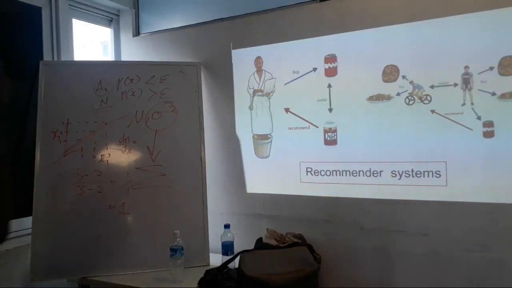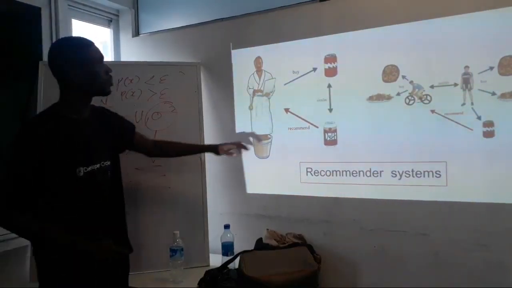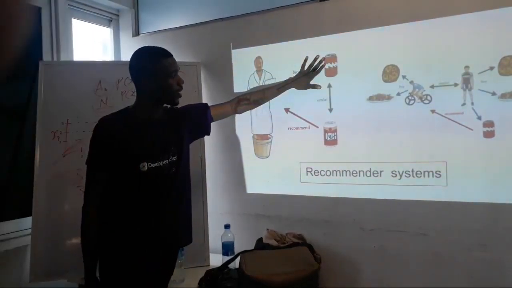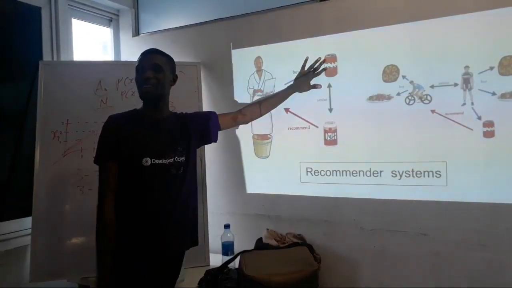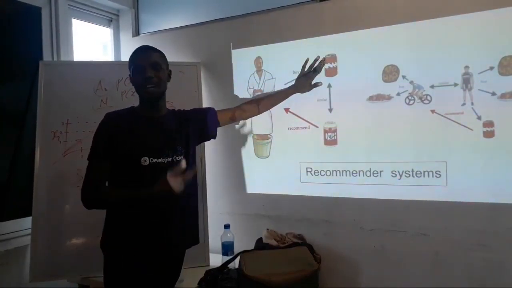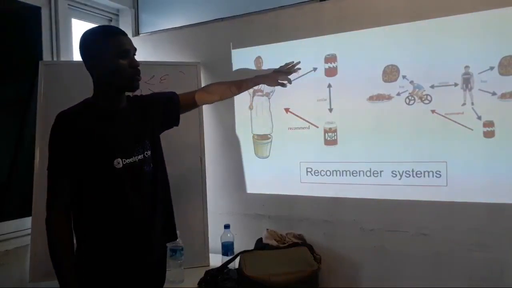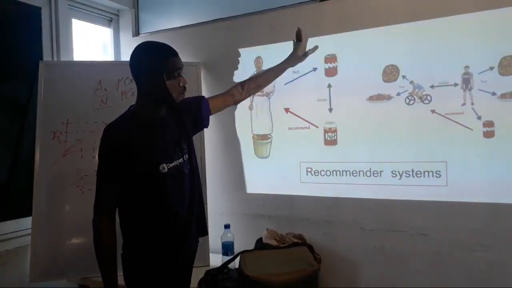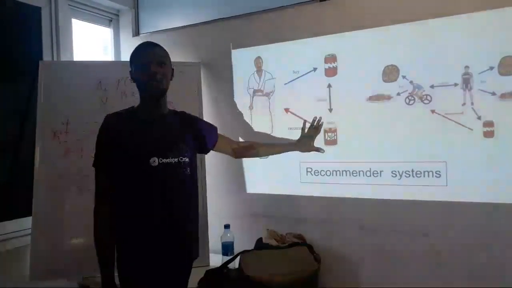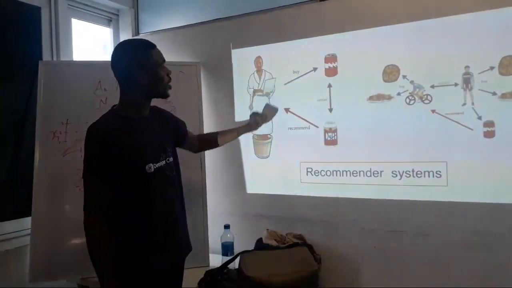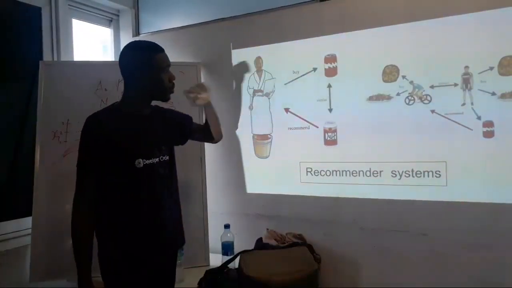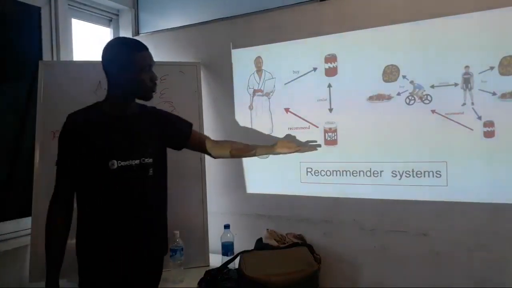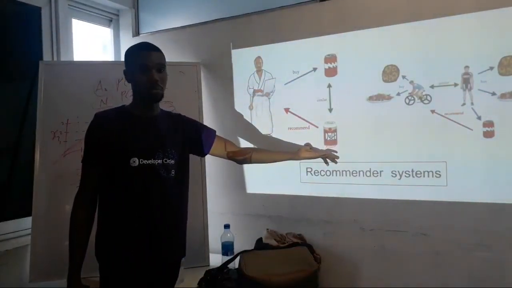Let's call this one Malta Guinness. So I bought Amstel Malt from Jumia, then the next thing I saw was Malta Guinness.